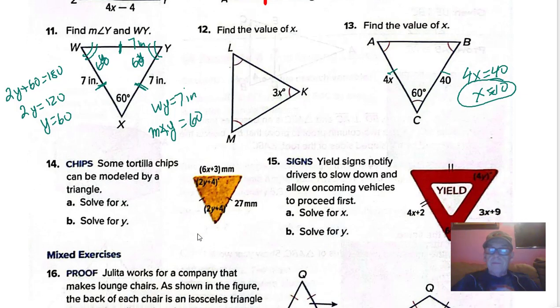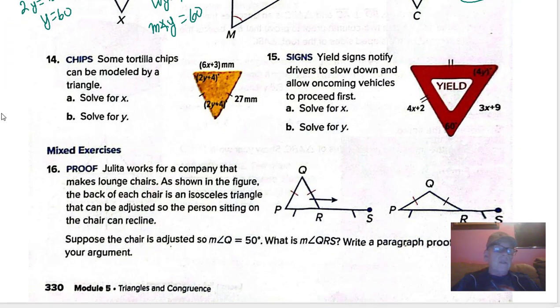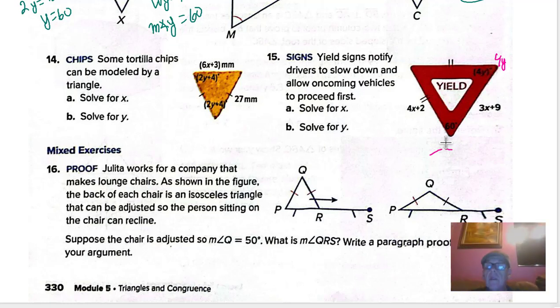Okay, next odd one. Number 15. So let's look at number 15. It's a yield sign. These two sides are marked as congruent. This angle is 4y. This angle here at the bottom, they're telling us it's 60 degrees.